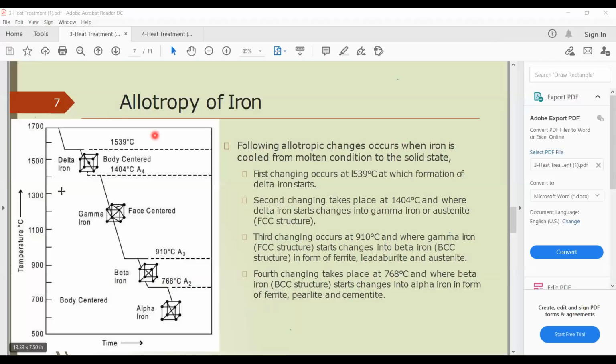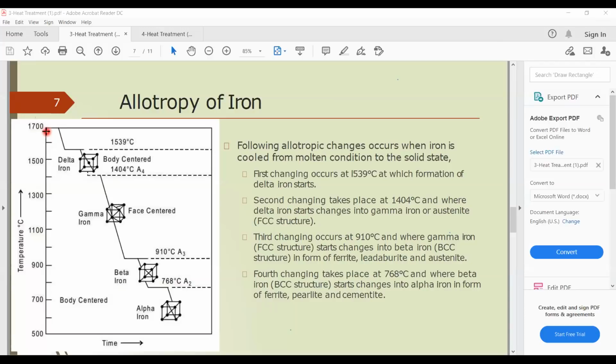So this allotropy of iron means you heated that metal to a higher level of temperature, around 1700 degrees Celsius, right? Then you heat it, and now the liquid form of that metal, the molten metal, is available at this stage.